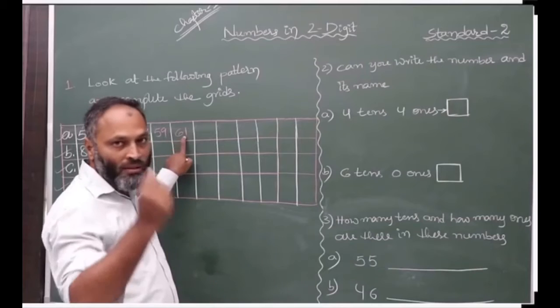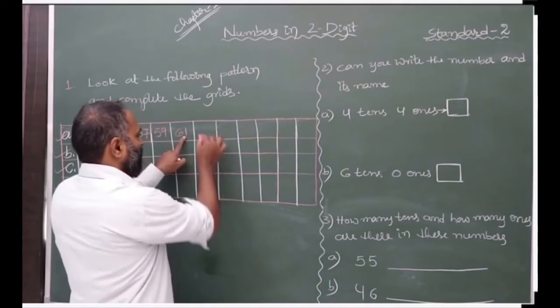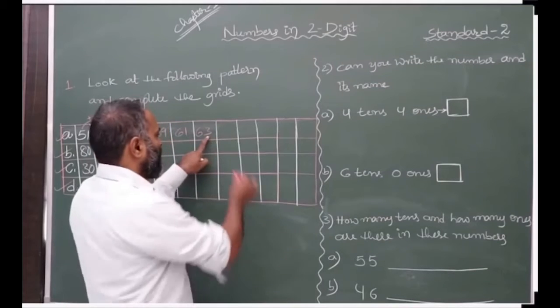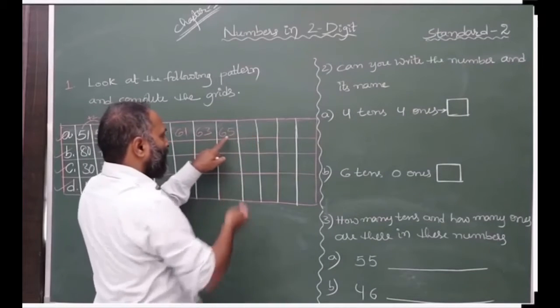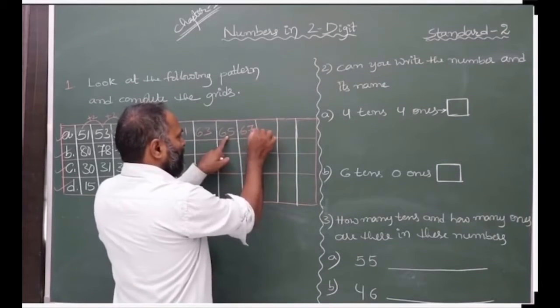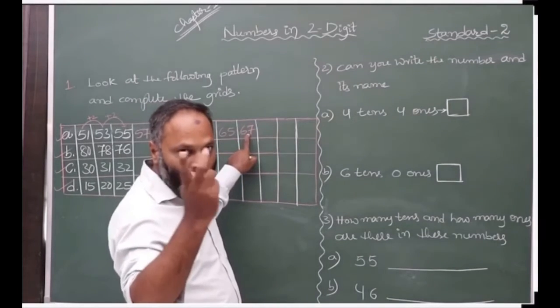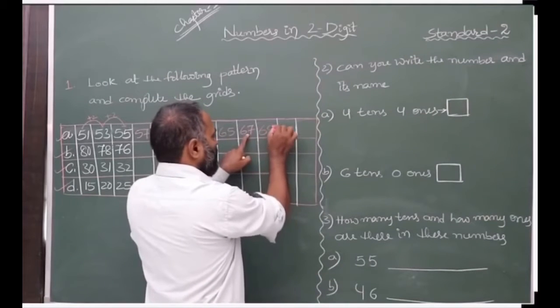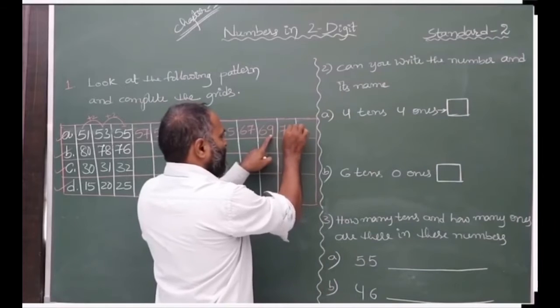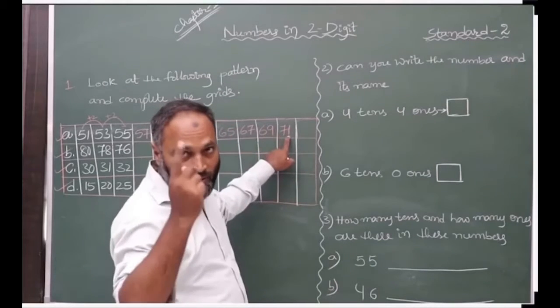Then 62, 63. Then 64, 65. 66, 67. 68, 69. 70, 71. 72, 73.